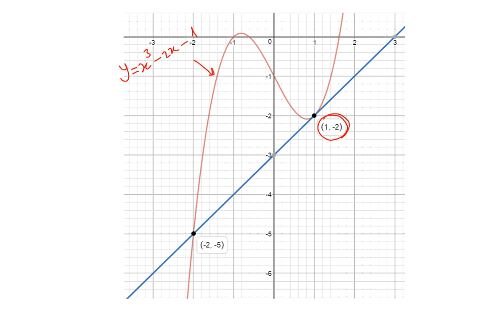This blue line here is the tangent that has the equation y equals x minus 3 that we found using calculus. And this point here is where the tangent intersects with the curve again. It's the second point of intersection. So the tangent touches the curve here at the point of contact, and then cuts the curve again at the point -2 and -5.